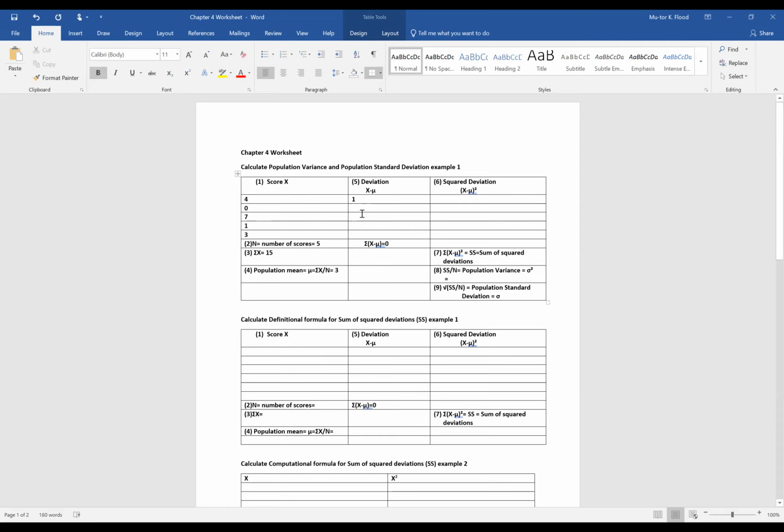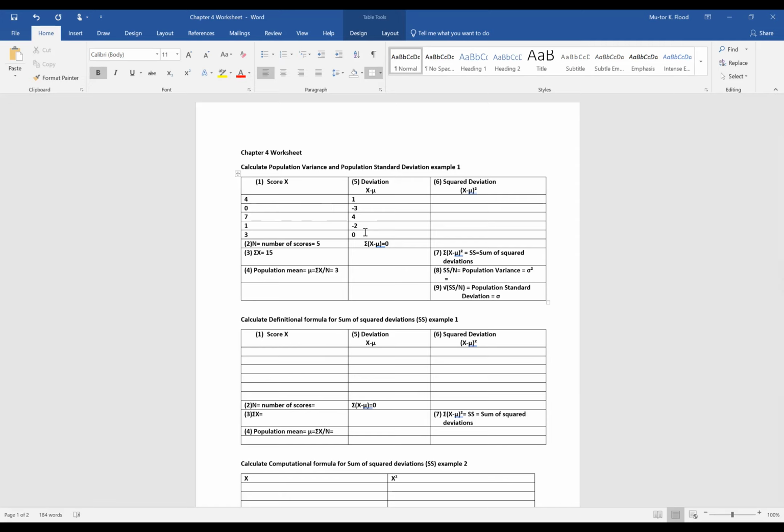So 0 minus 3 is going to give us -3. 7 minus the mean, which is again 3, is going to give us 4. 1 minus 3 is going to give us -2. 3 minus 3 is going to give us 0.